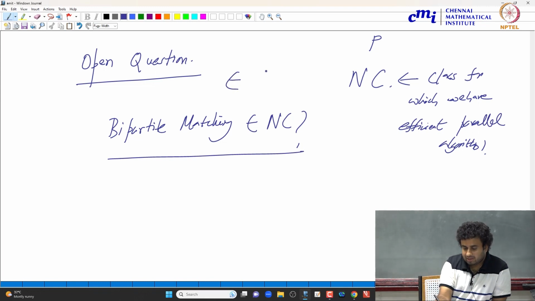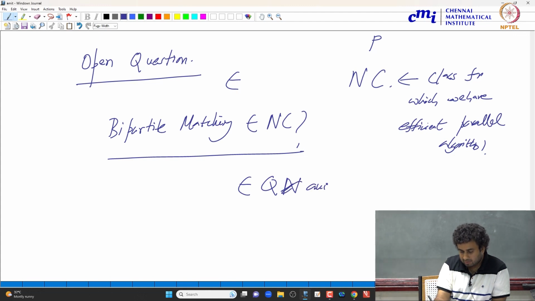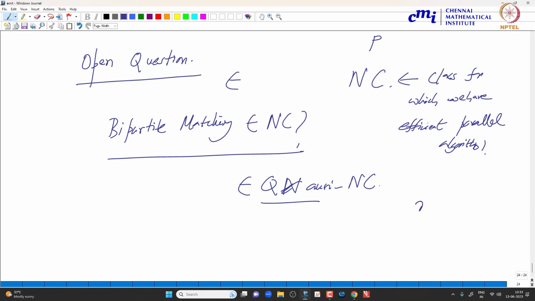Using the idea that I told you before, it can be shown to be in randomized NC, and a partial de-randomization has been proven in quasi-NC. Quasi means there will be an n to the power log n function. It is better than exponential, but it is not polynomial.